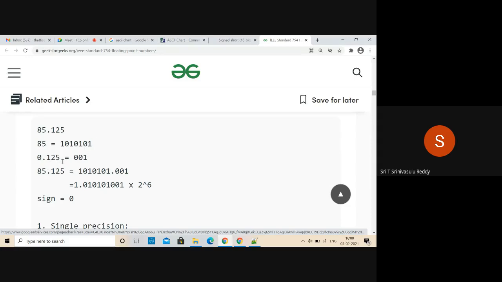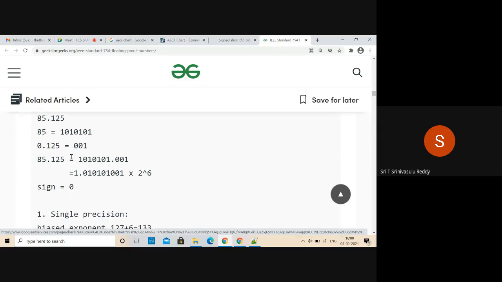But 0.125, how do you convert? Fractions part, if you want to convert into binary form, in the case of whole numbers, you keep dividing. Whatever remainder you get, that you write, right? For fractions, you keep multiplying. 0.125 into 2 you get 0.25, and you write down a 0 there.